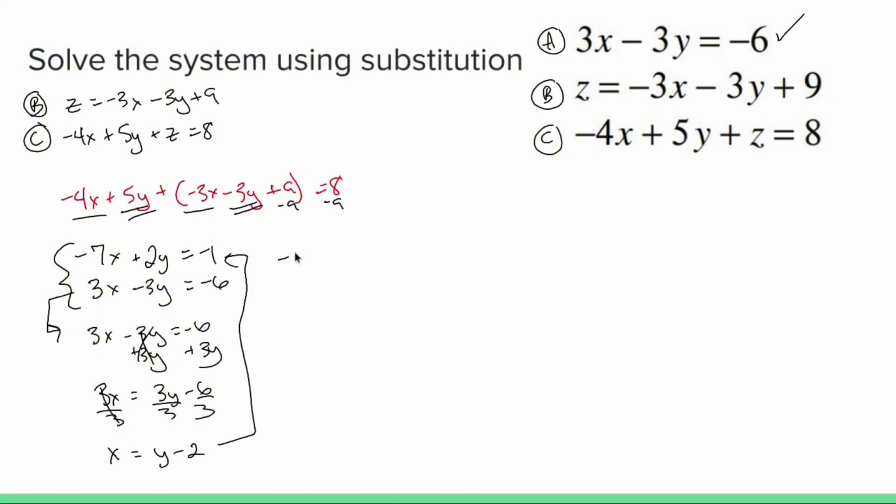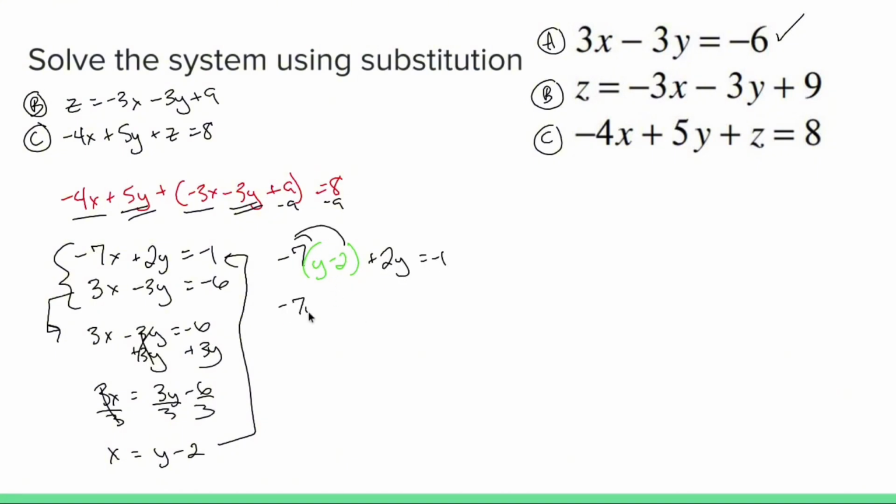That's going to get us negative 7x, and let me replace the x with y minus 2. So negative 7 times the quantity y minus 2, close it, plus 2y equals negative 1.